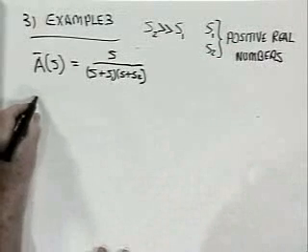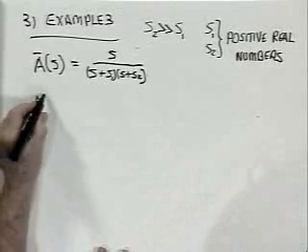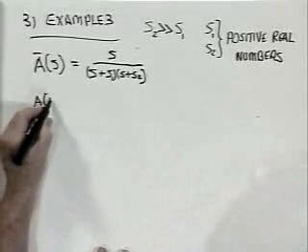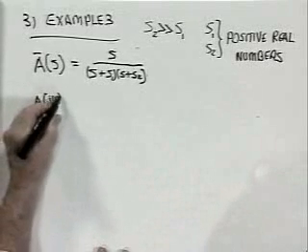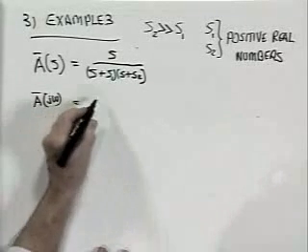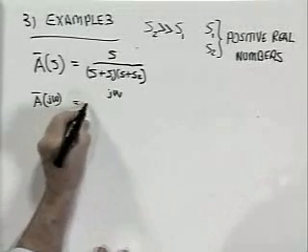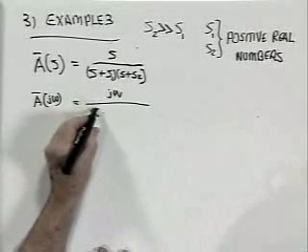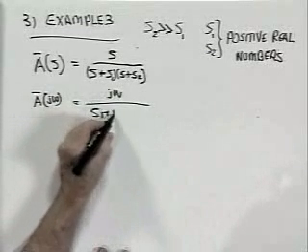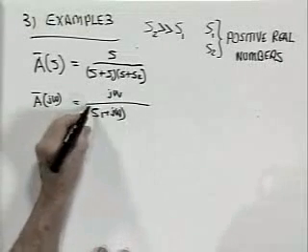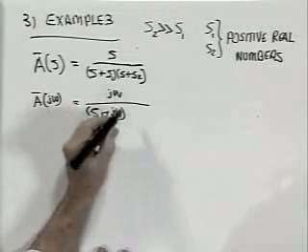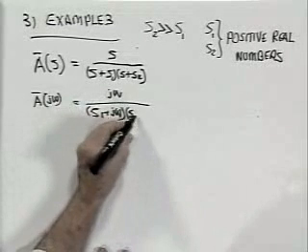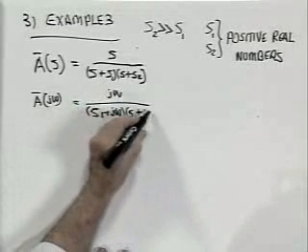The magnitude of, let me write first A of j omega, just to take this in a more orderly way. A of j omega is j omega over (s1 plus j omega) times (s2 plus j omega). I reversed this order because I like the imaginary part to come second.